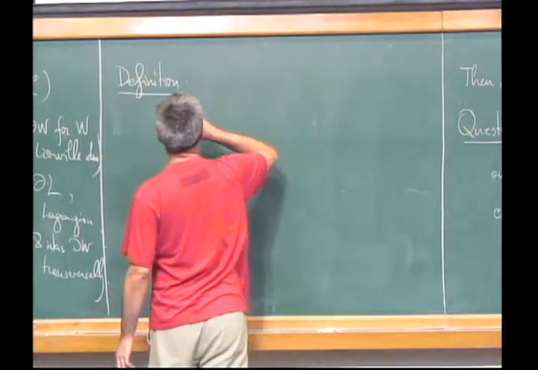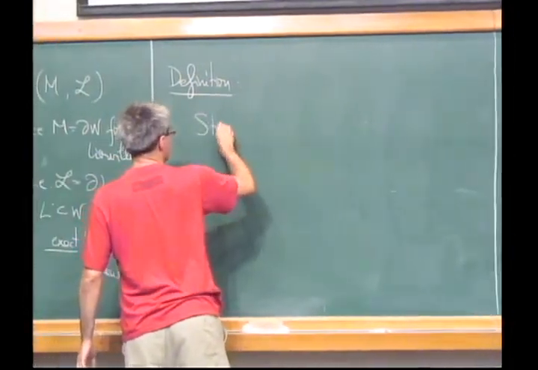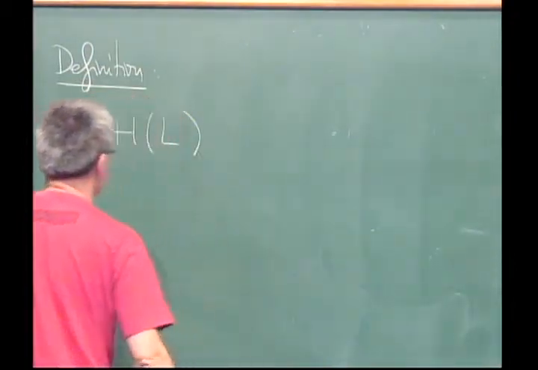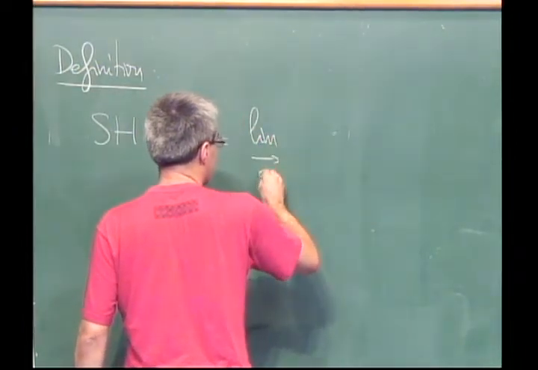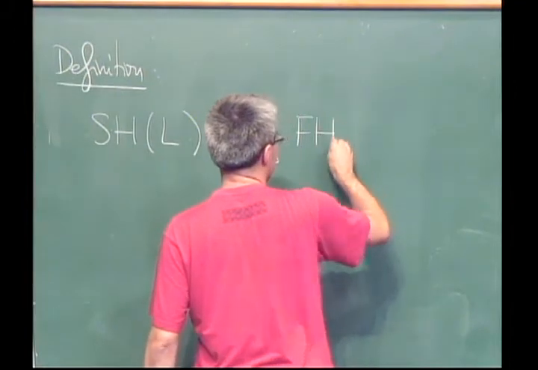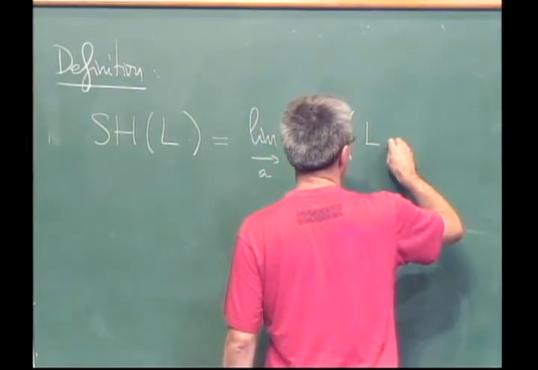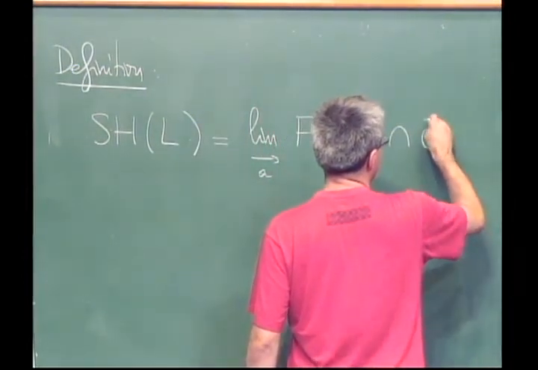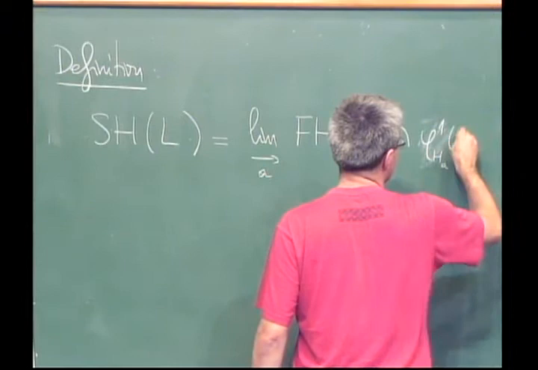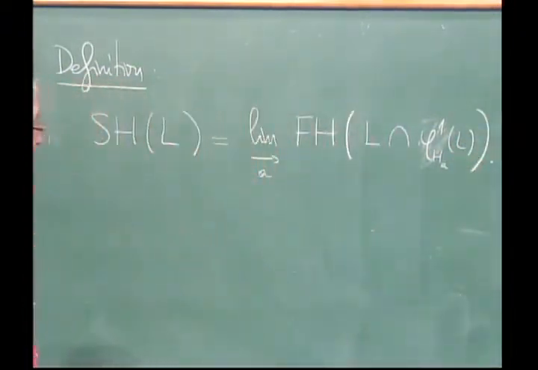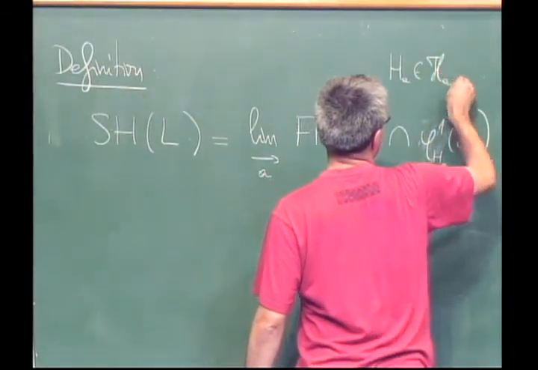Everything is as before, and you set SH of L to be the direct limit over A of the Floer homology of L intersected with phi 1 of H_A of L, where this H_A belonged, as before, to the admissible class.